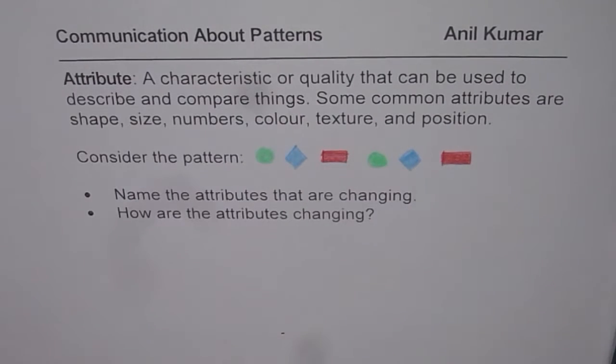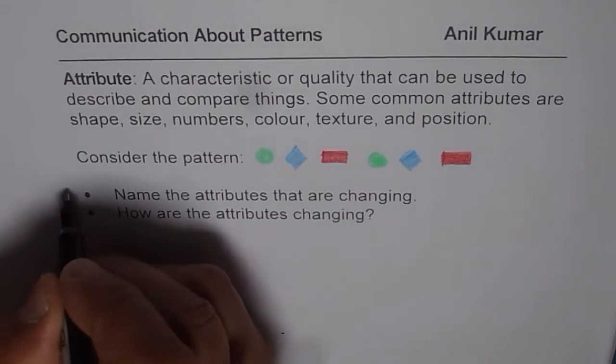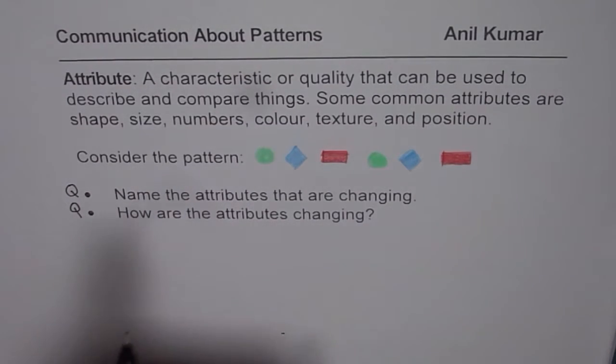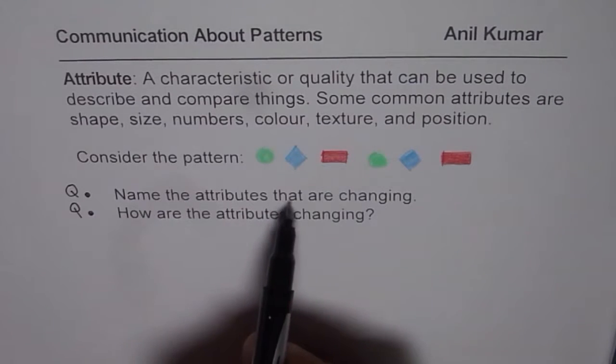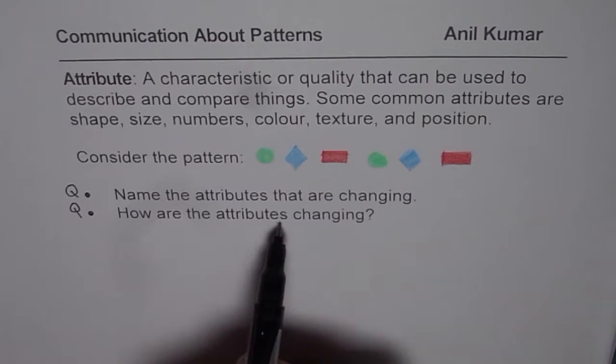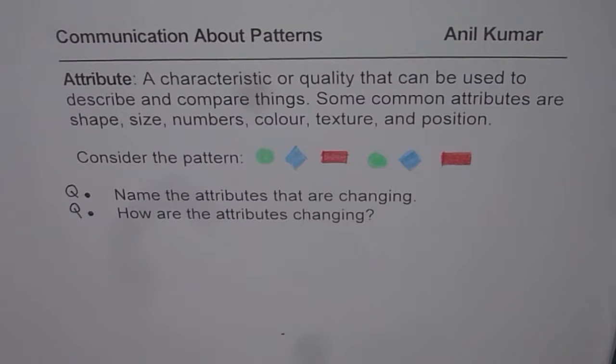So that is the pattern given to us. Now these are the questions for us. Question 1 is, name the attributes that are changing, and question 2 is, how are the attributes changing? So these are the two questions which you need to answer.